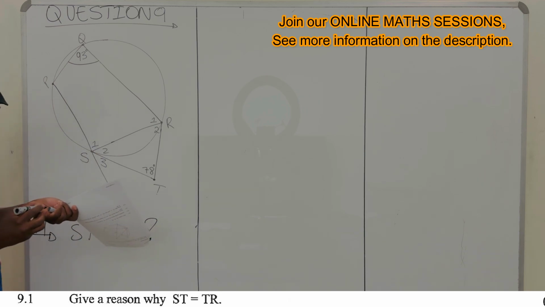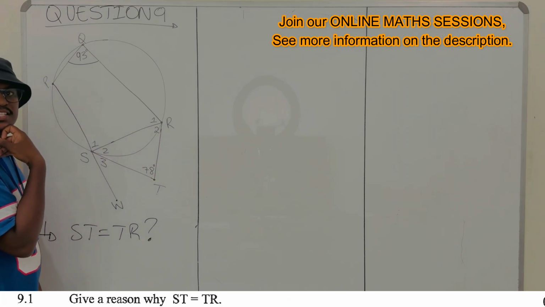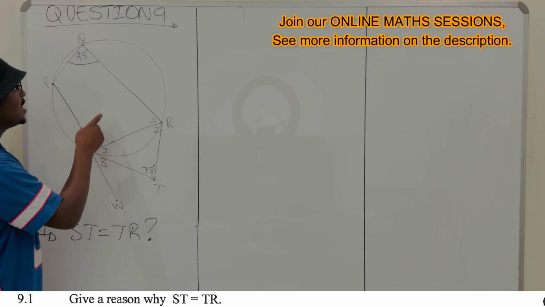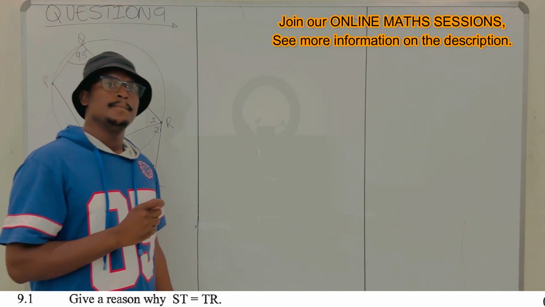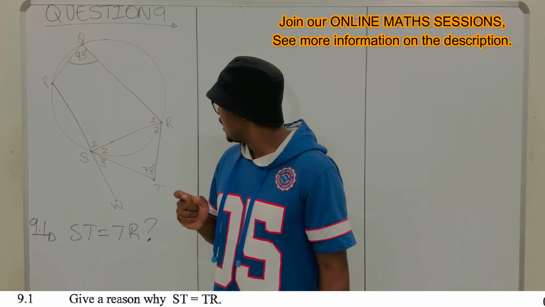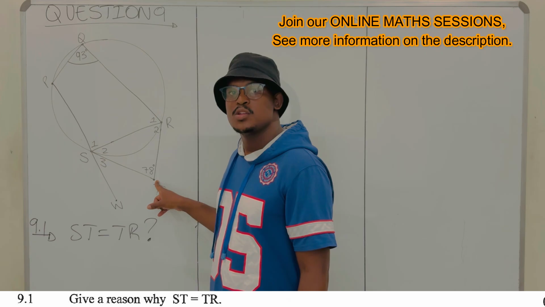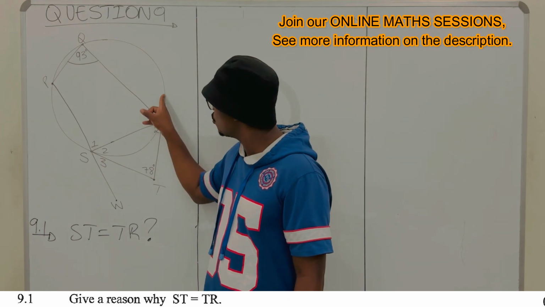So you know that TS and TR are both tangents to the circle, right? If you look at this point T, you can only draw two tangents from this point to this circle.